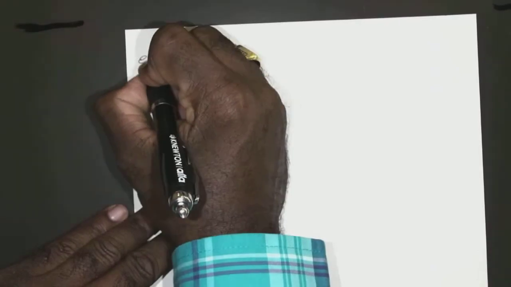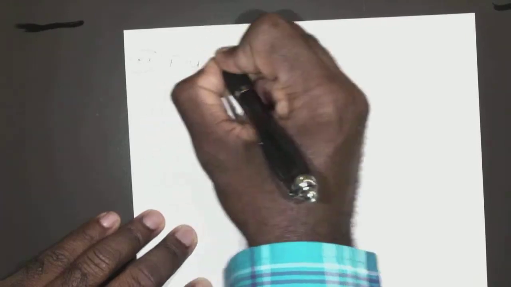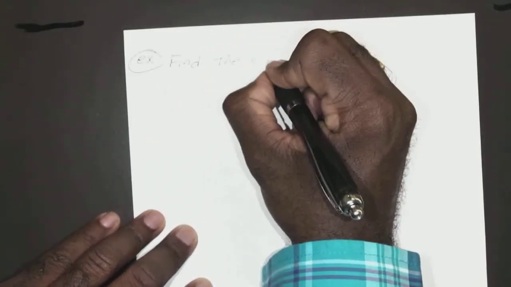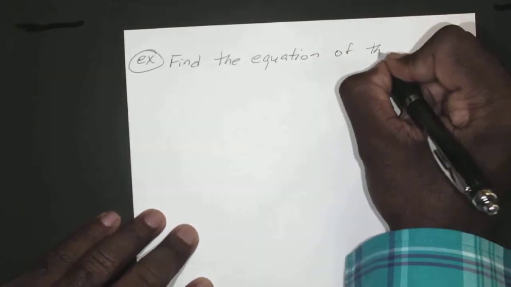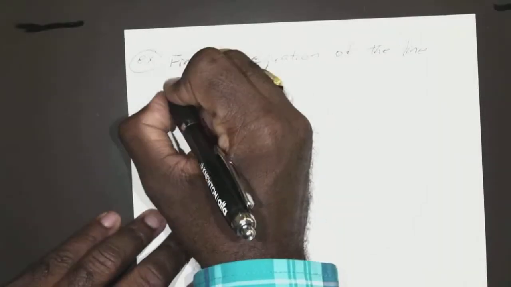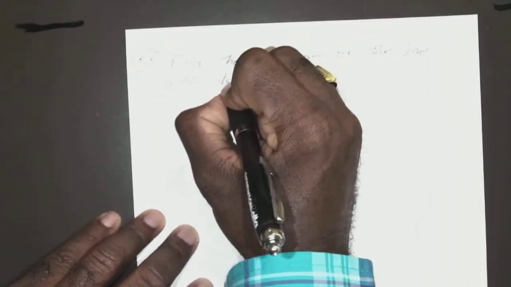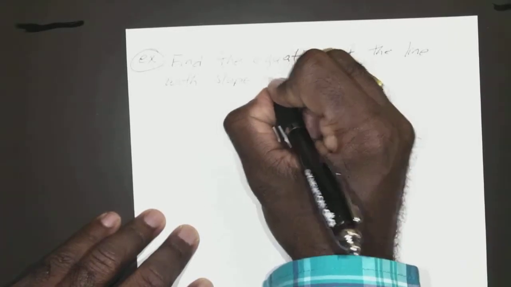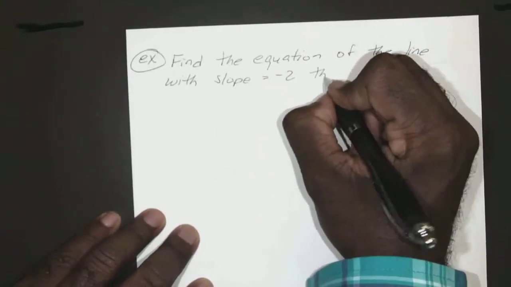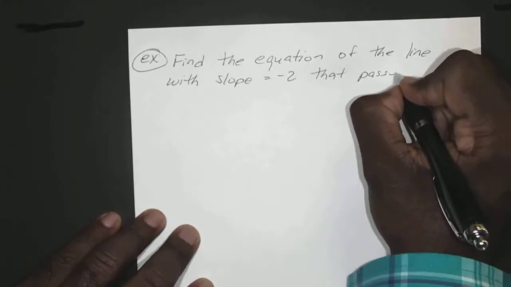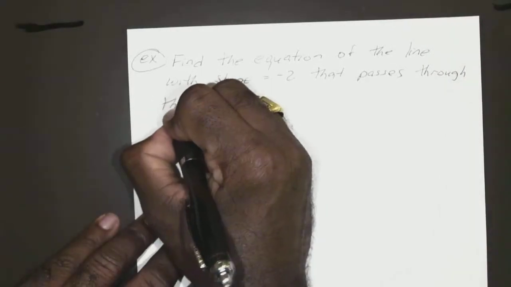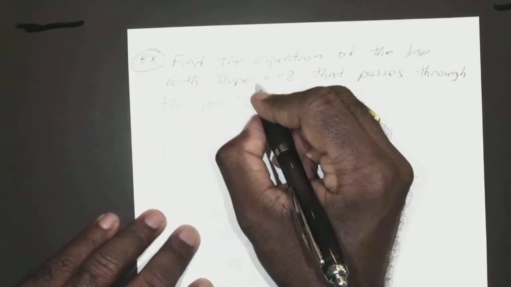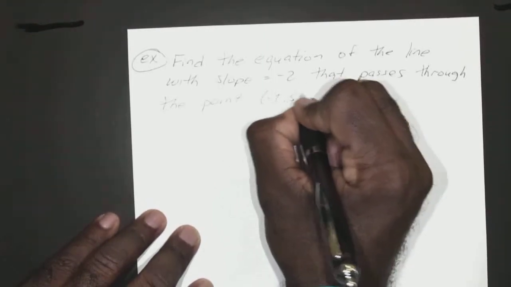Okay, so let's say, for example, I wanted to find the equation of the line with slope, well, negative 2, that passes through the point negative 1, 5.